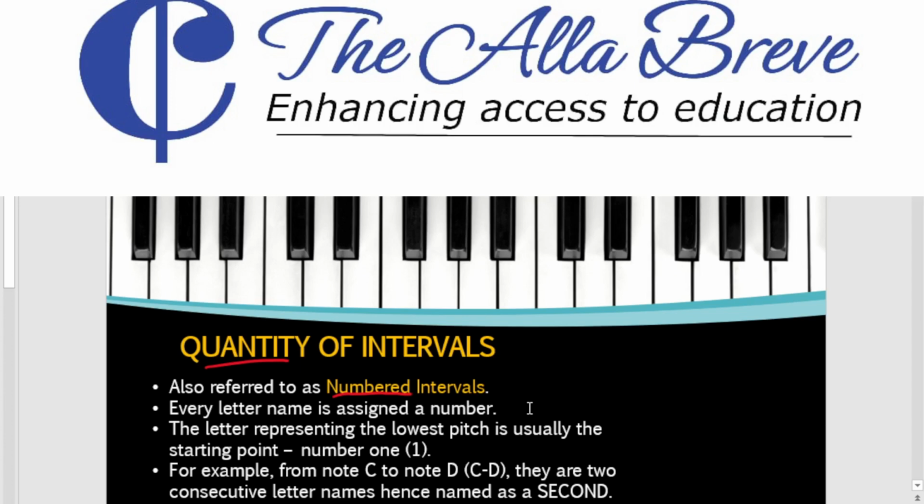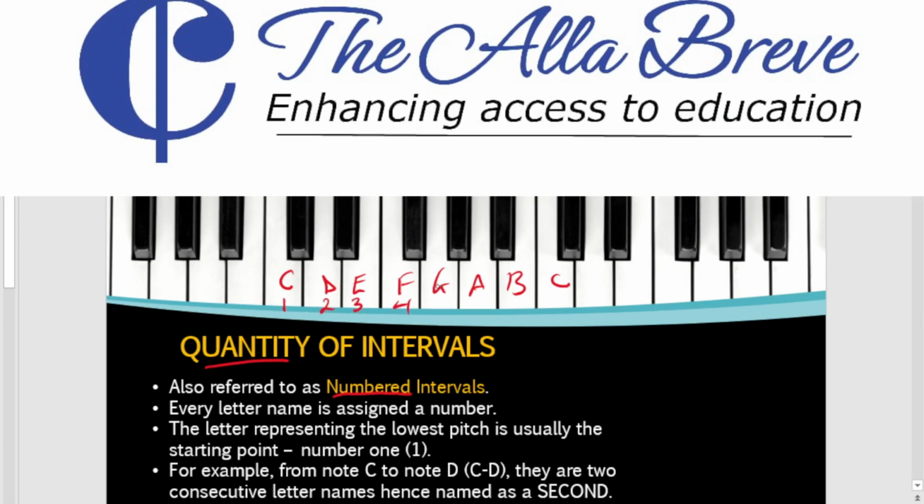For example, if we name on the keyboard here C, D, E, F, G, A, B, let's end with C. So if C is the lowest note that we want to consider, then this will be number 1, number 2, number 3, number 4, and so on.